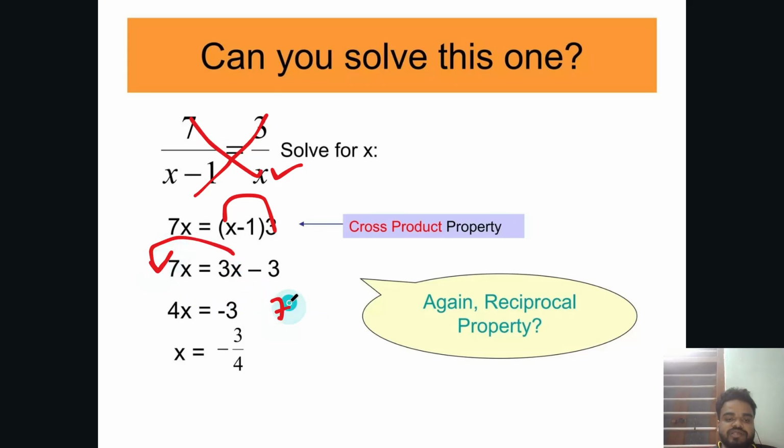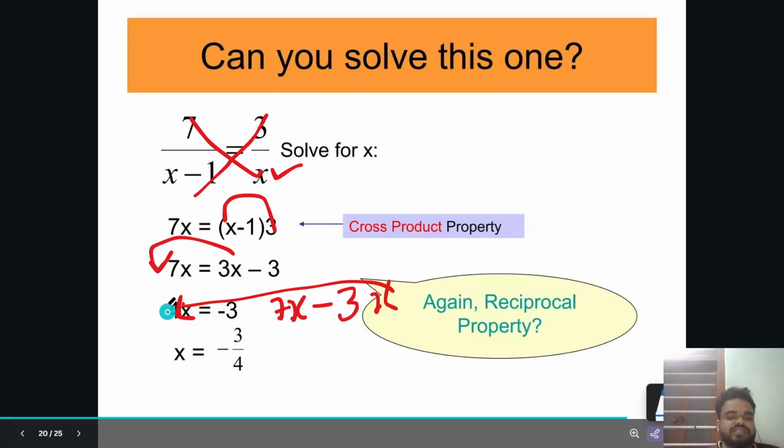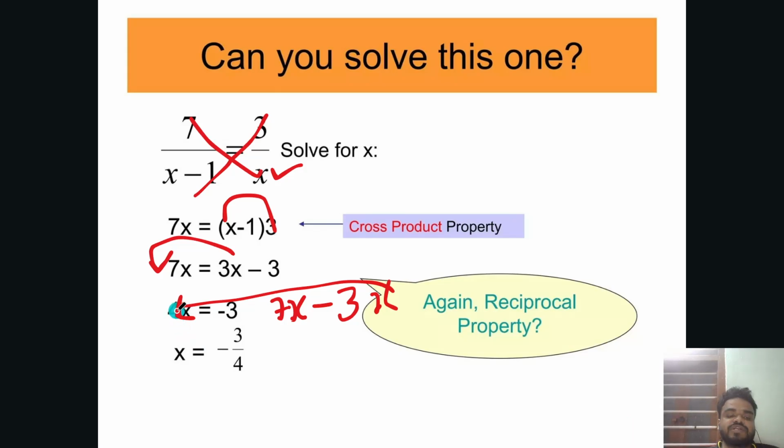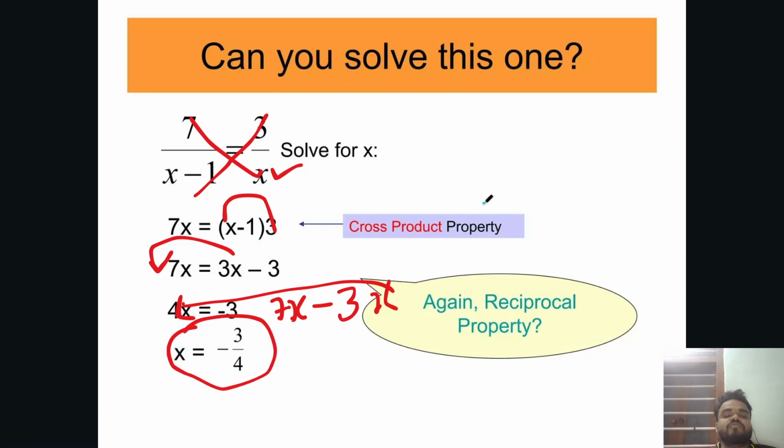So 7x minus 3x is equal to 4x. So write minus 3 as it is on the RHS side. So we want x, so send this side. I already told you if it is multiplied by a coefficient here, it will go down. So x will become minus 3 by 4. Here we found the value of x using the cross product property.